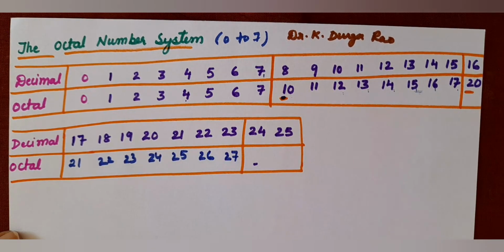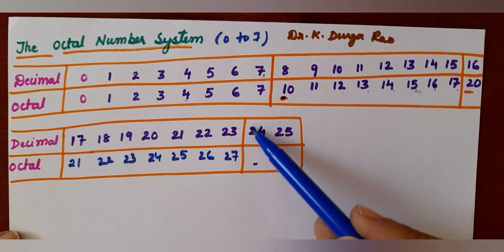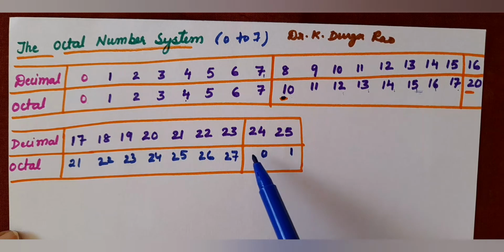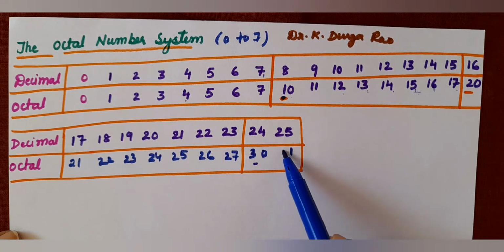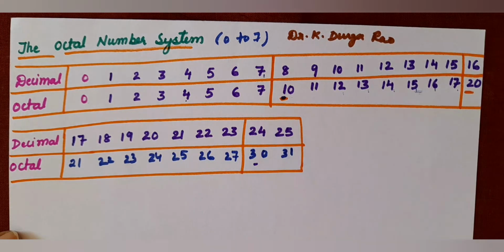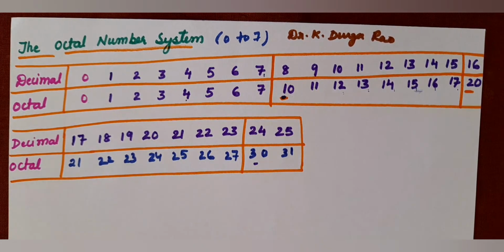Okay, like this. And now what will be decimal 24 in octal? Again it will be 0, 1 with a series of 3 now. So what is the octal number? It is 30 for decimal 24.